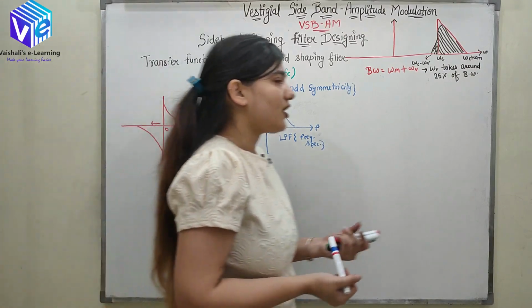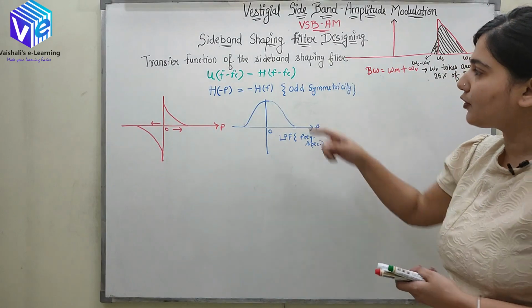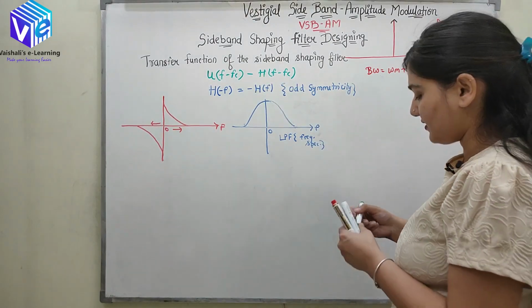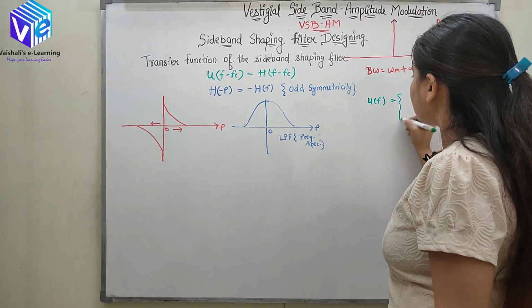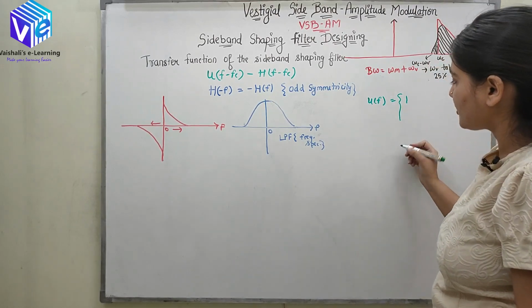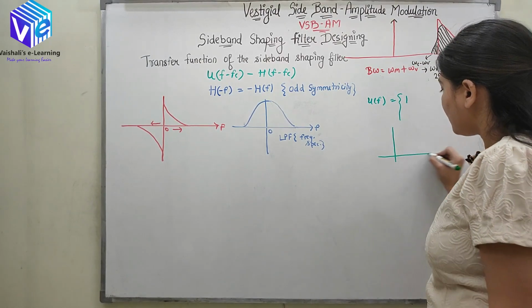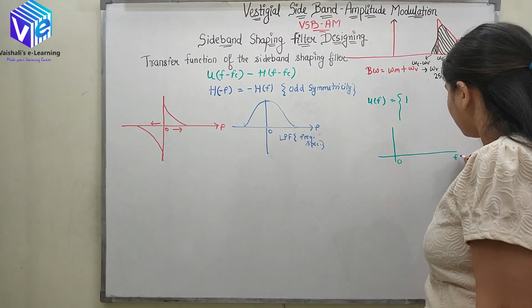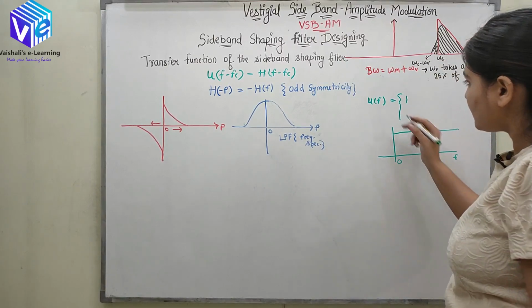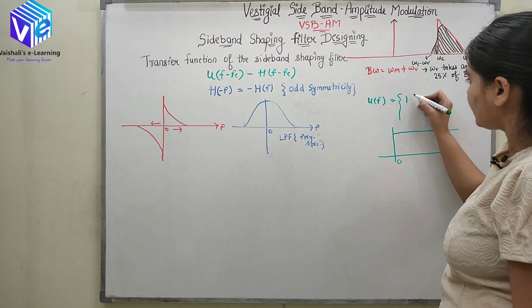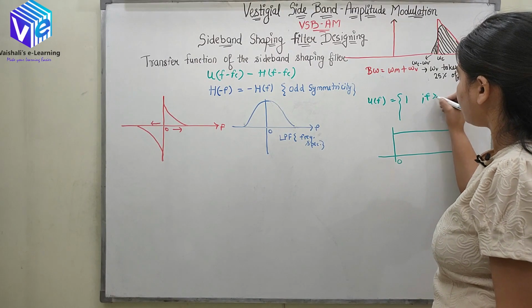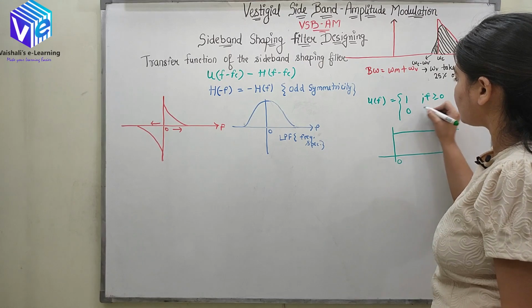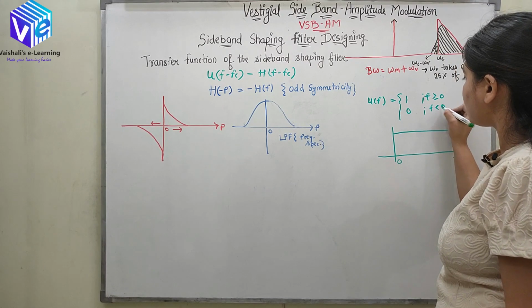So now if I talk about the second term, it was representing u of f minus fc. So I know u of f is a unit step function. How is it represented? The unit step function is represented like this. If it is u of f, it is 1 when f is greater than or equal to 0, and it is 0 for f less than 0.